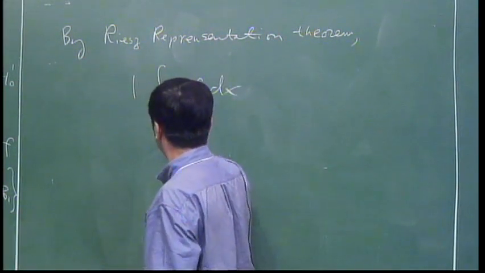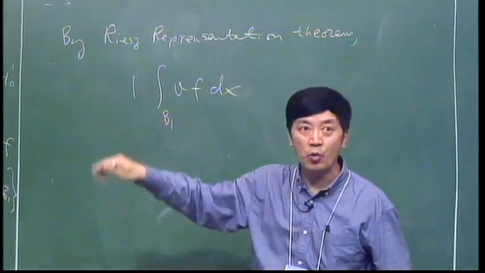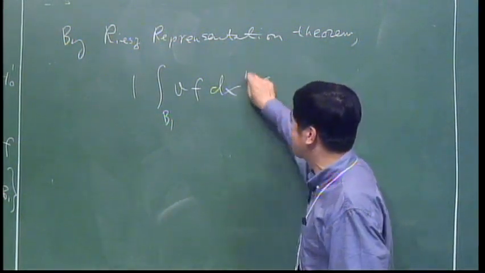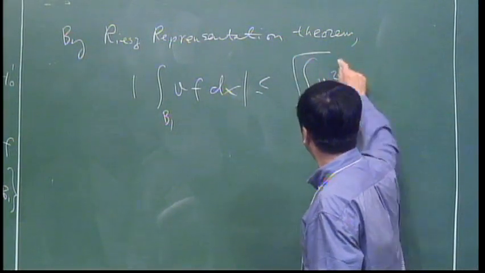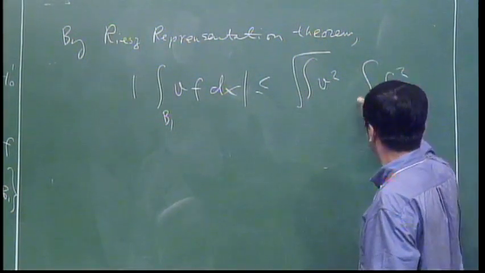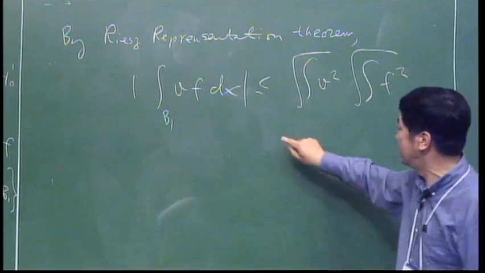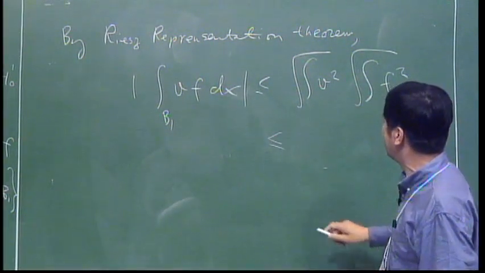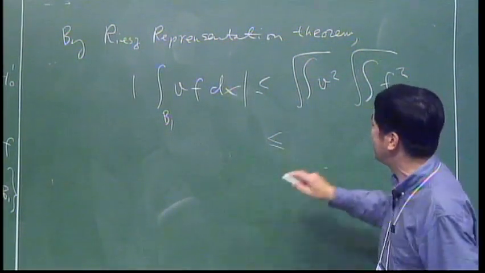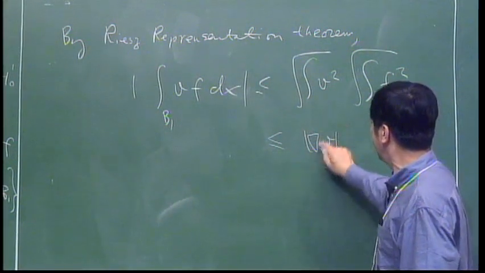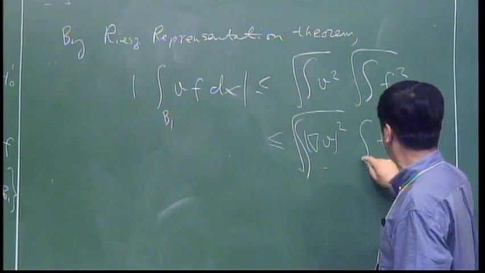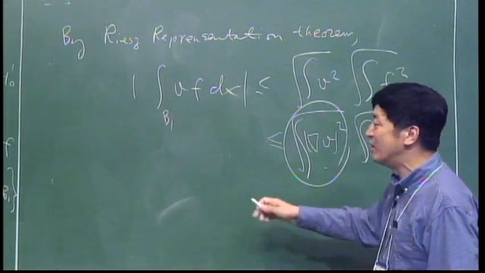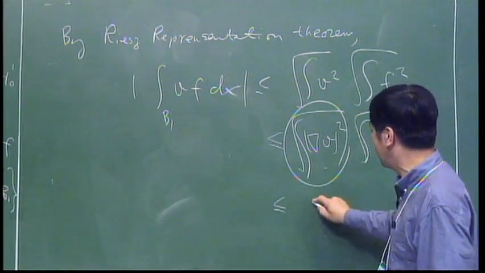How do you prove this is bounded by this norm? It is actually what we did already. This is V squared. And this is less than or equal to, by this Poincare inequality, a constant times V squared. And this is the corresponding norm.